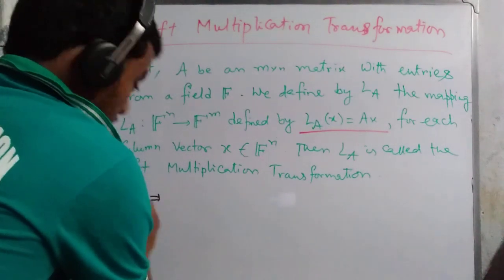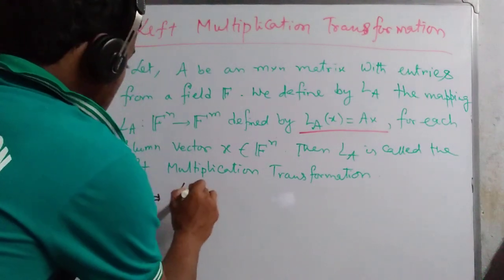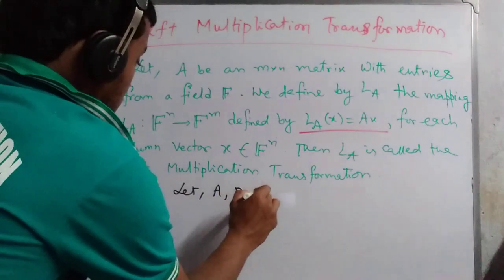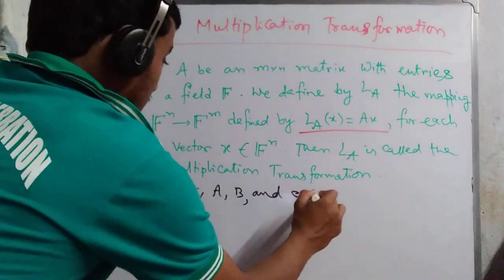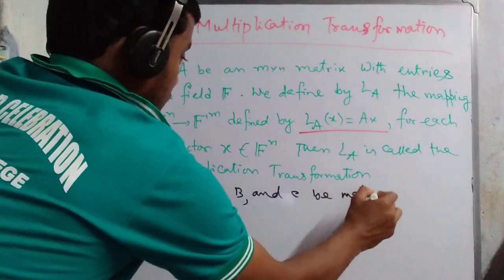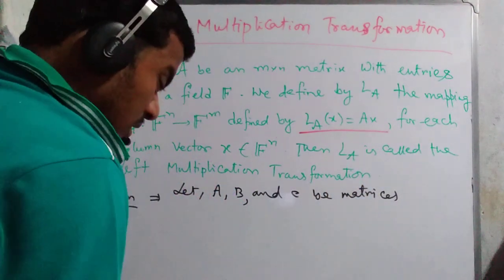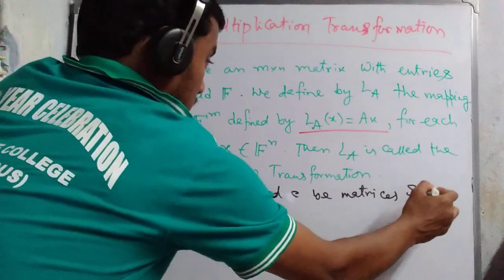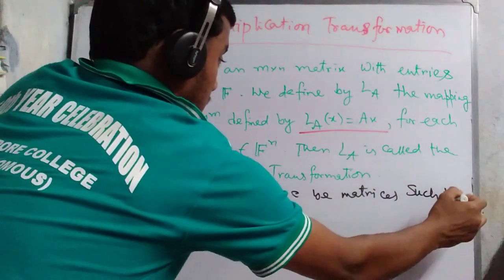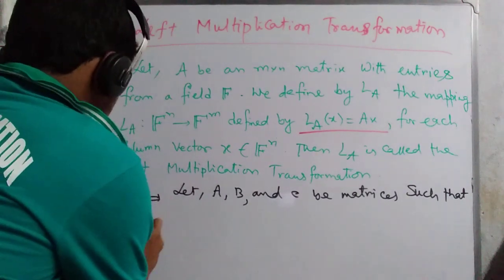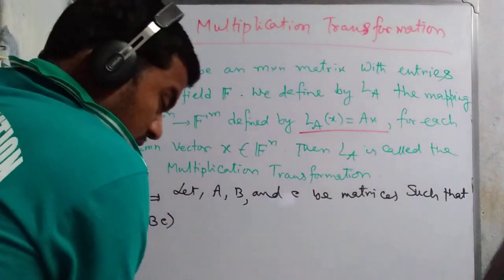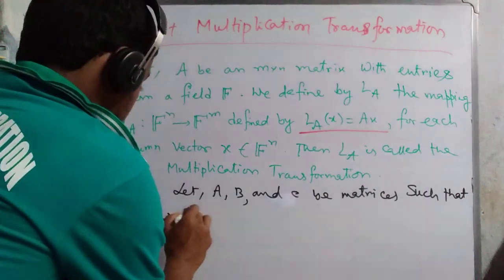We write it here. Let A, B, and C be matrices such that A(BC) is defined.